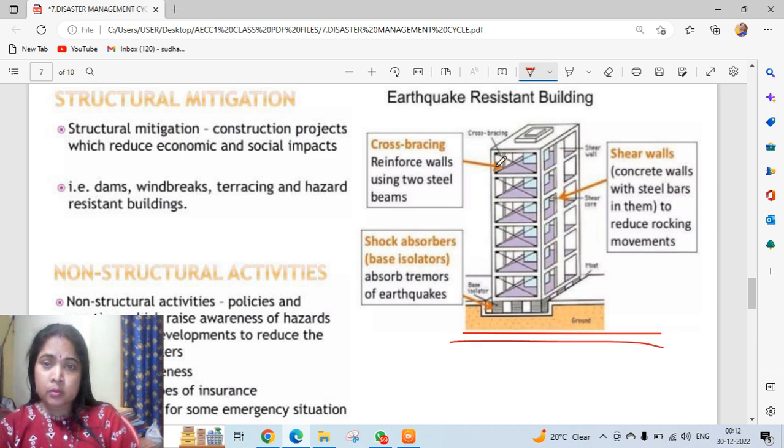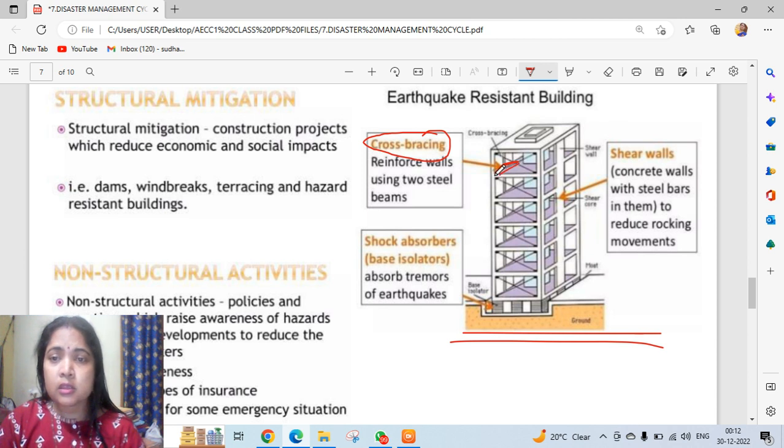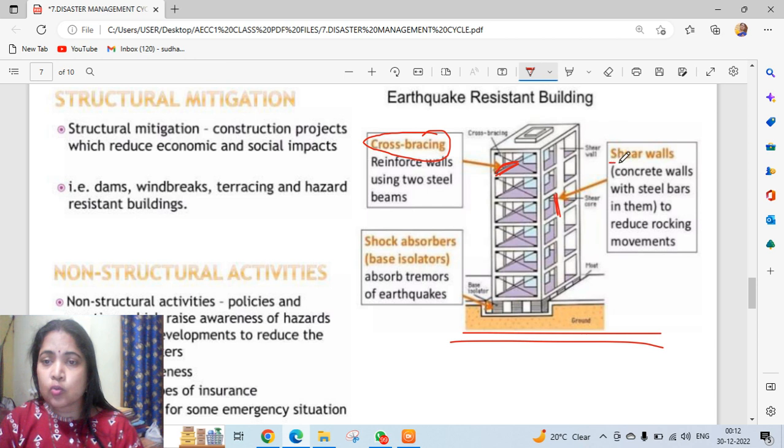You have cross bracing put in, means reinforced walls using two steel beams here. Then here also you have shear walls, means in the wall, concrete walls with steel bars in them to reduce rocking movements.